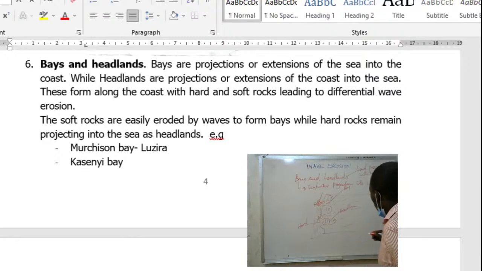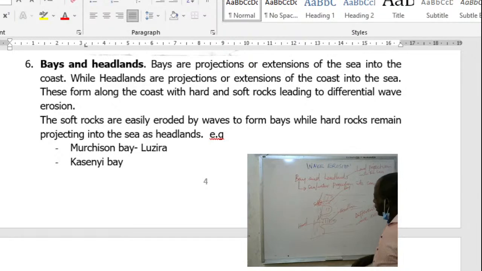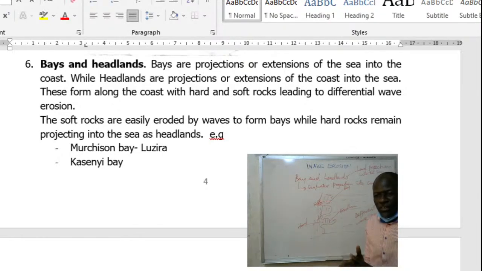So what we shall experience is what we describe as differential wave erosion, meaning that the rocks along this coast are eroded at different rates.